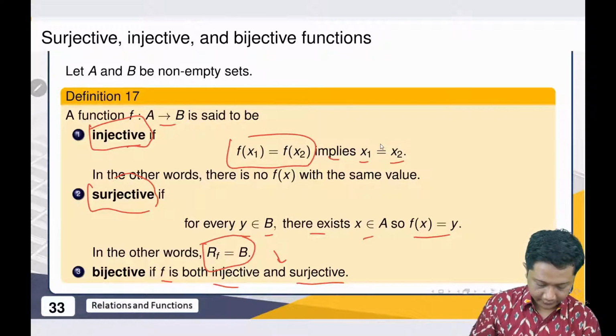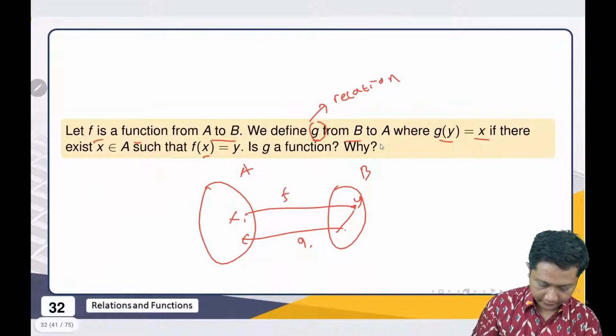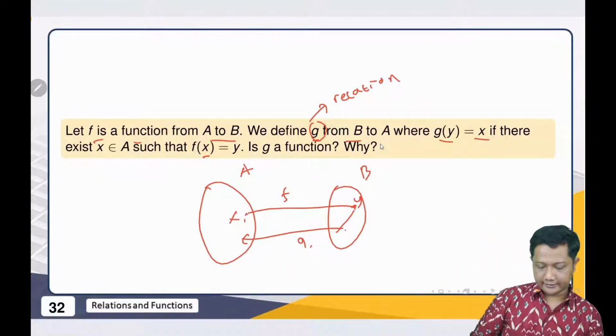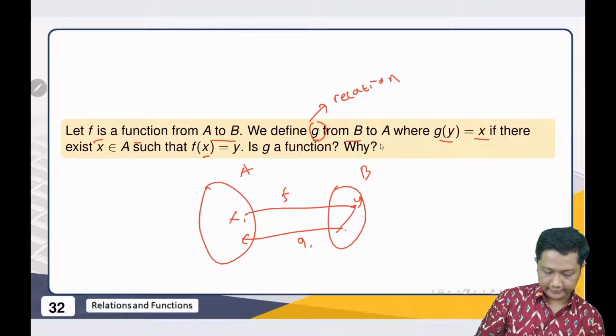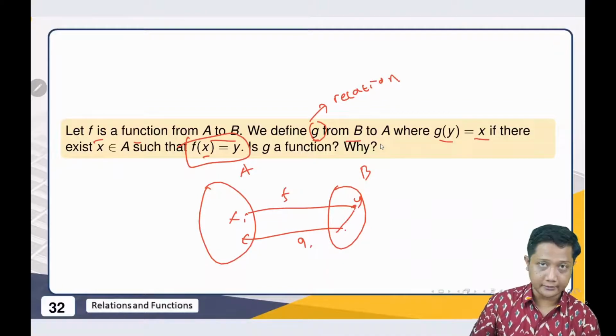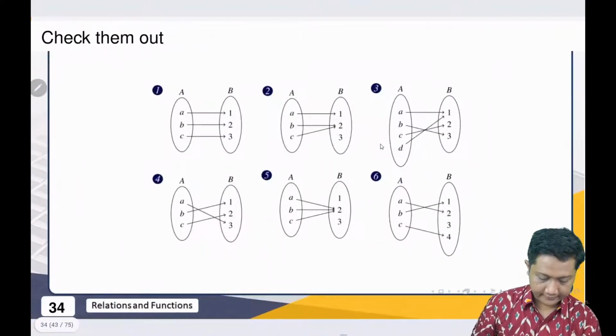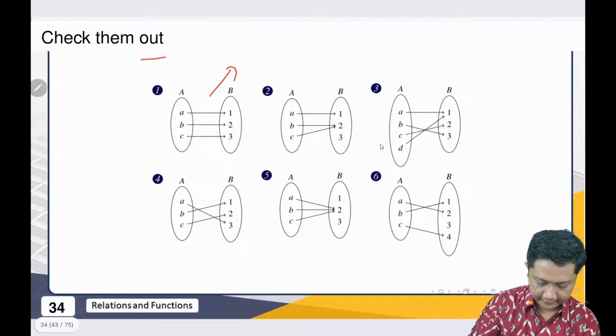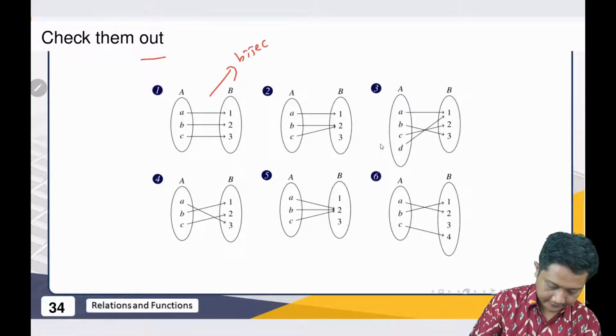The main reason we need this and this is that we want to make sure that when we have a function from A to B, the relation g from B to A with this condition will be a function too. Okay, and we can check this. For number 1, it should be clear it is bijective. Why?